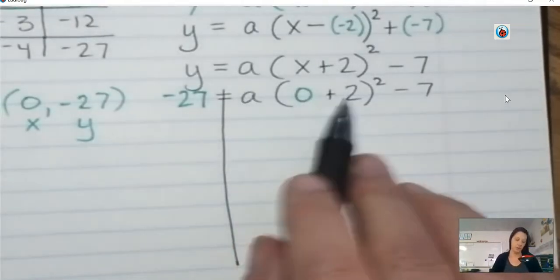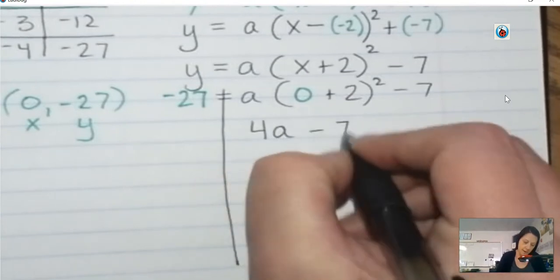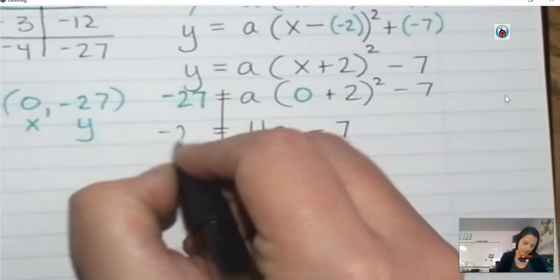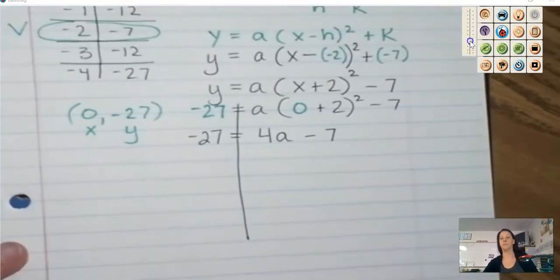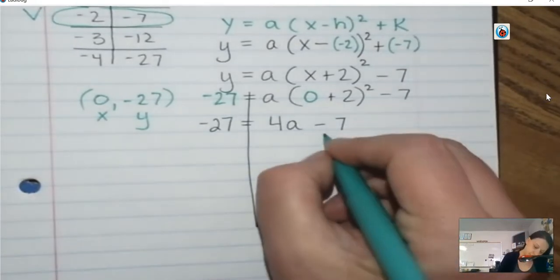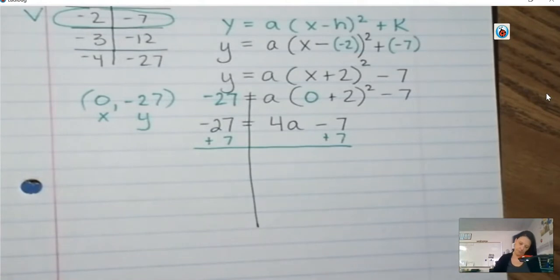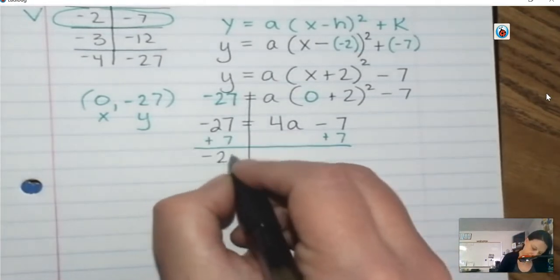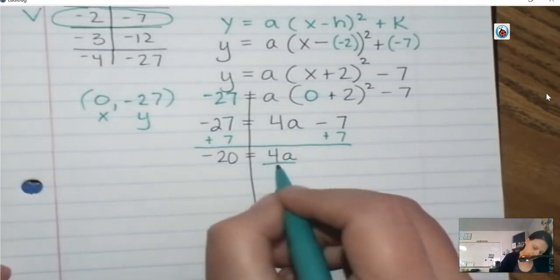Zero plus 2 is 2. 2 squared is 4. 4 times a is 4a. Add 7 to both sides. Divide by 4.